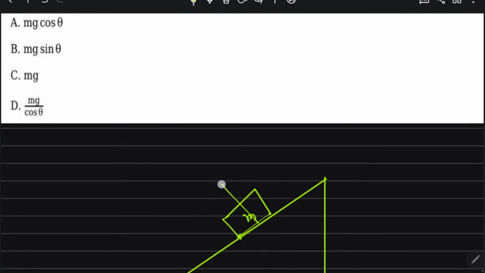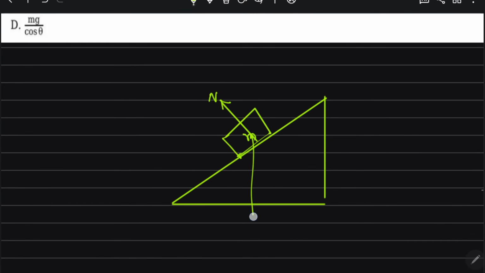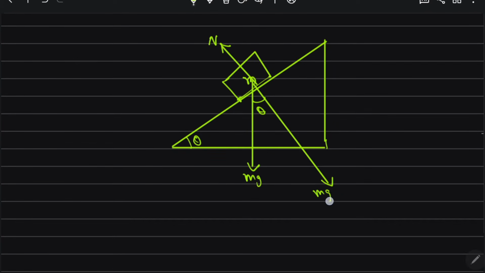So a block of mass m. Here normal reaction is acting, and here mg force is acting. Here is theta, so this is also theta. So this is mg cos theta and this is mg sin theta.